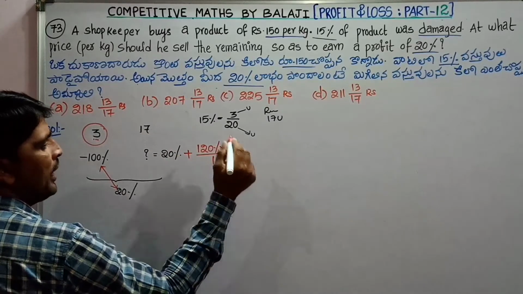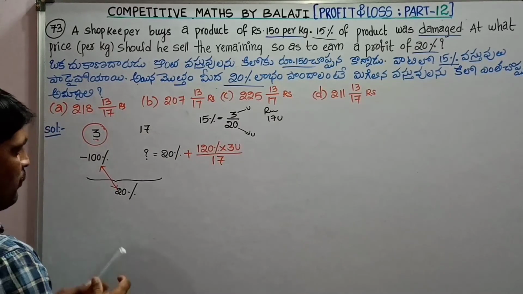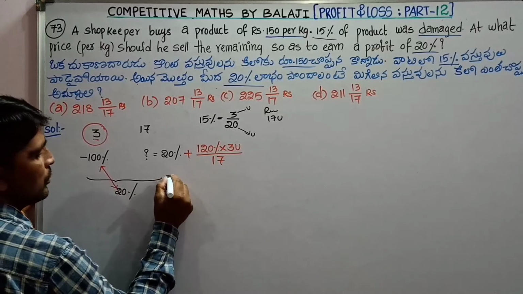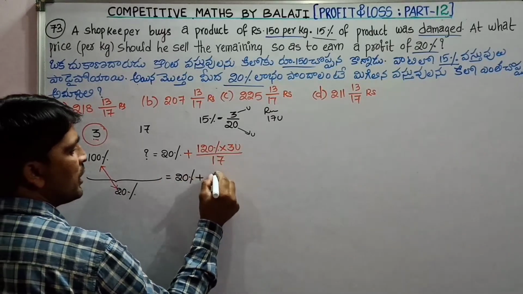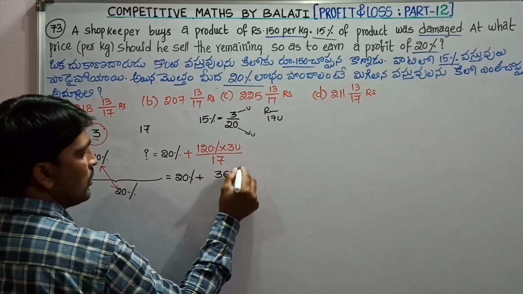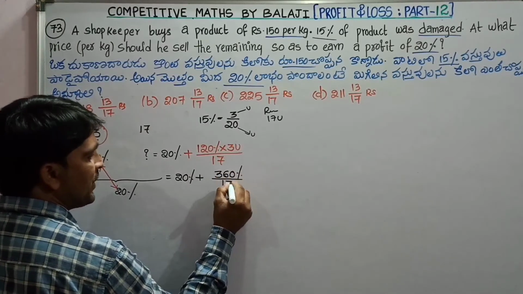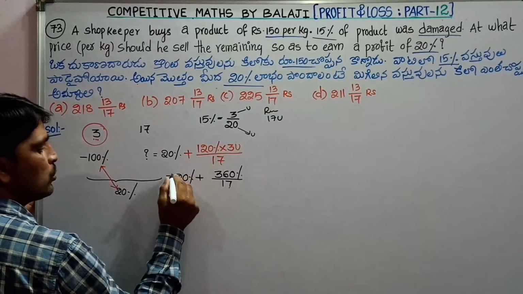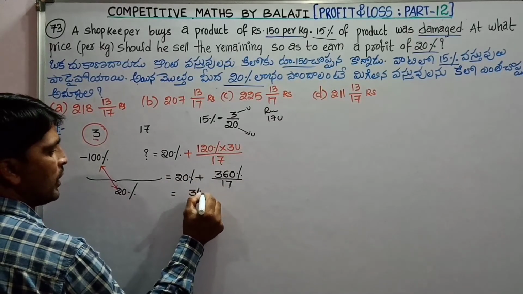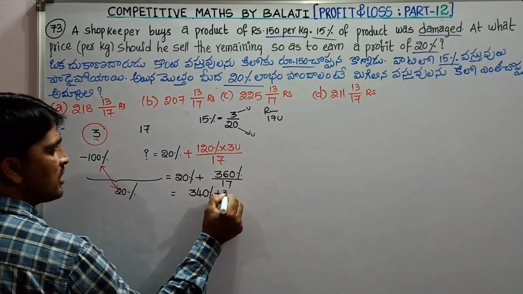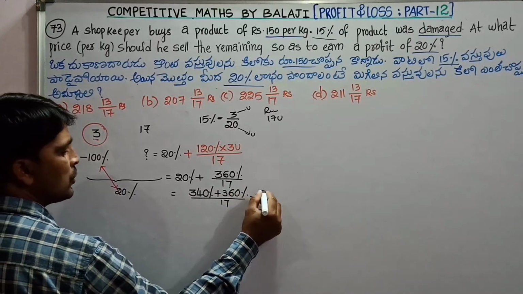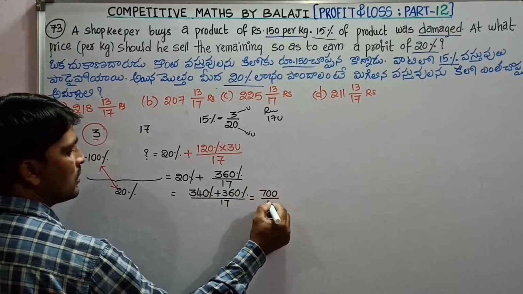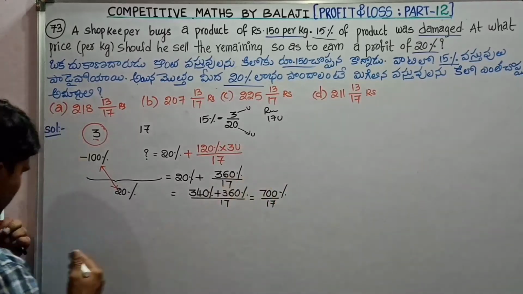So divided by 17. Therefore, that is equal to 20% plus 360% by 17. 17 twos are 34, that is 340% plus 360% by 17, which is equal to 700 by 17%.